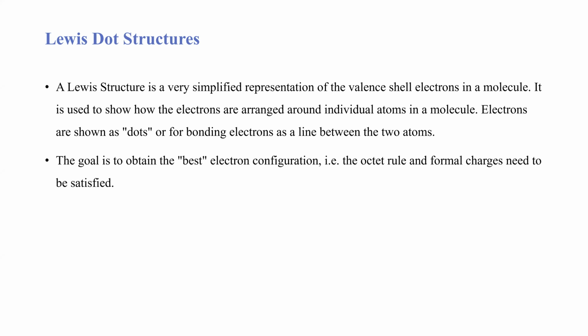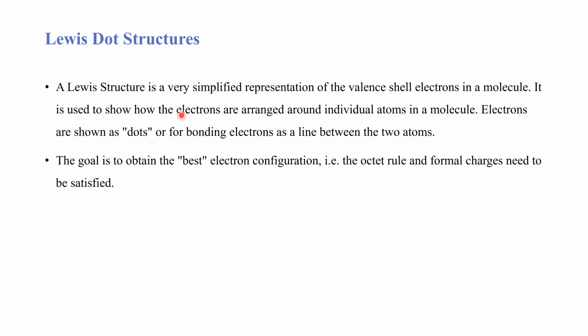A Lewis dot structure is a very simplified representation of the valence shell electrons in a molecule, and it is used to show how the electrons are arranged around individual atoms in a molecule. Electrons are shown as dots, or for bonding electrons as a line between the two atoms.